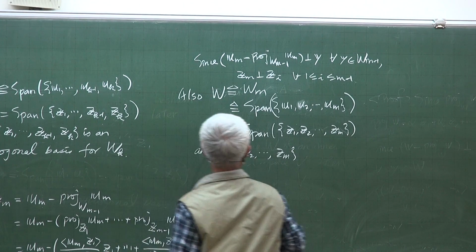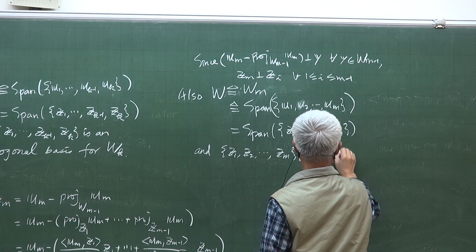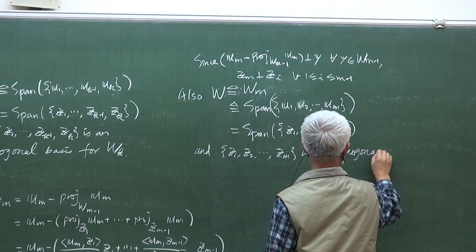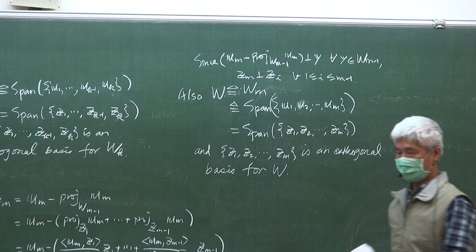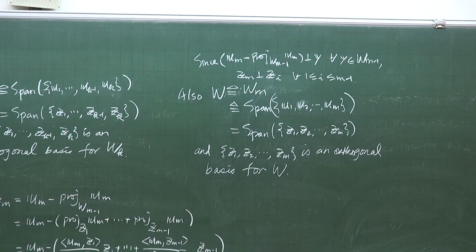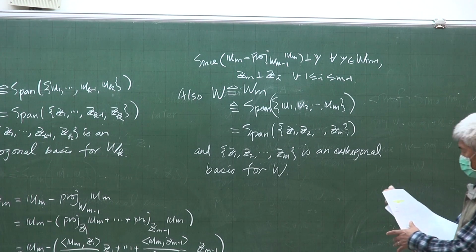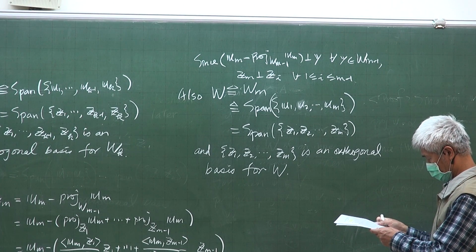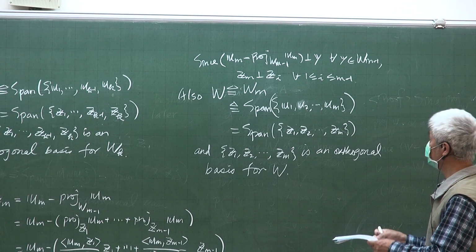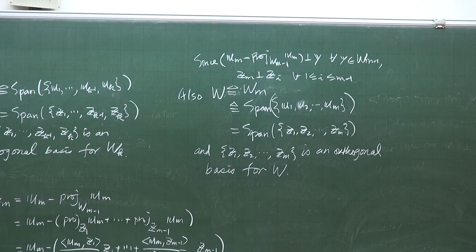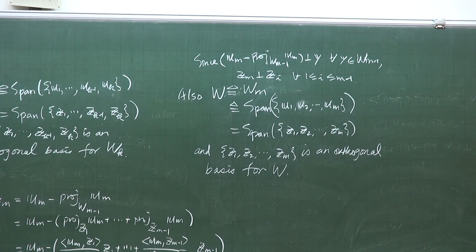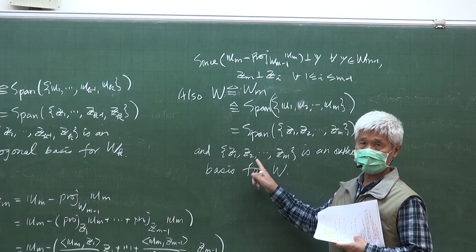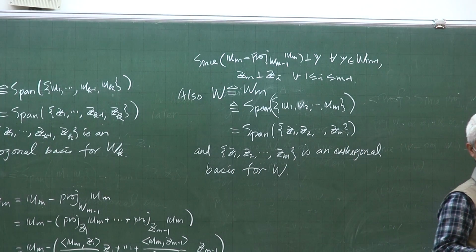Also, we have that. So that is the procedure. Alright, so we achieve our goal to find an orthogonal set from a linearly independent set. And by normalizing each member of this orthogonal set, we will obtain an orthonormal set.